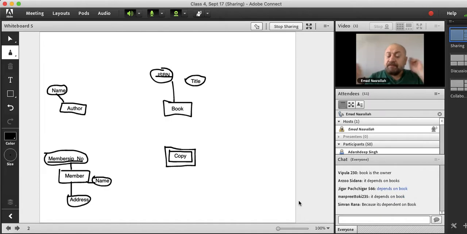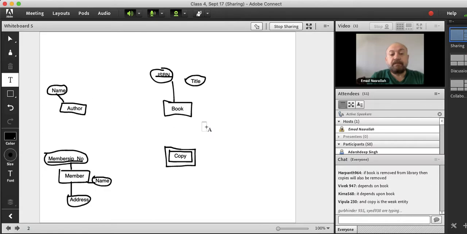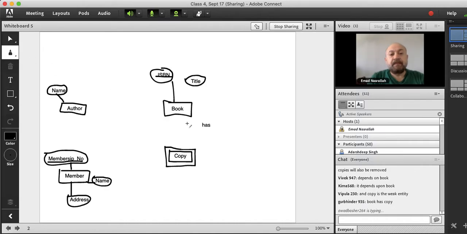Yes, the copy cannot exist without the book. So every book has copies. The owner of the copy is the book. So the relation here must be double lined.